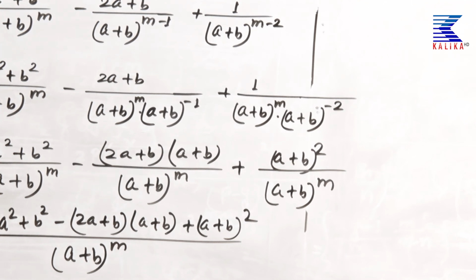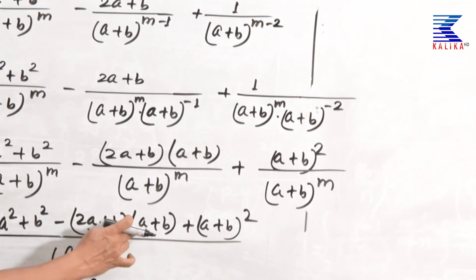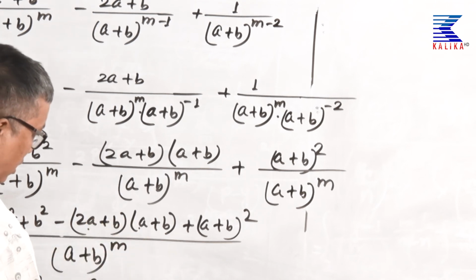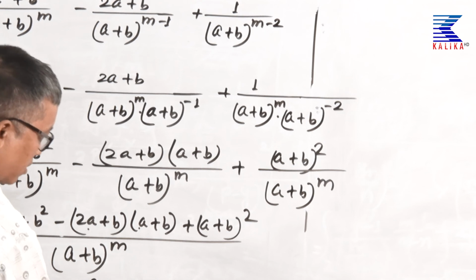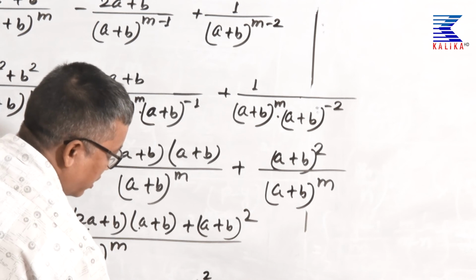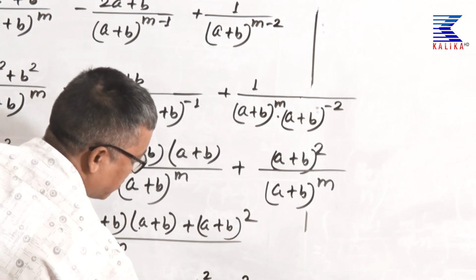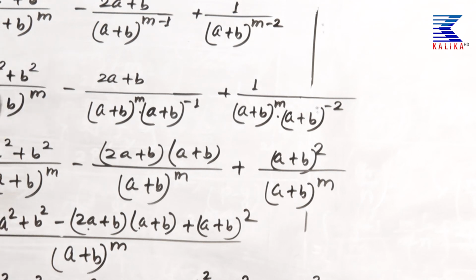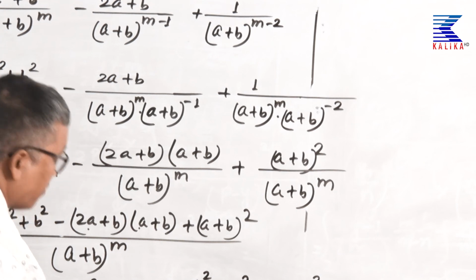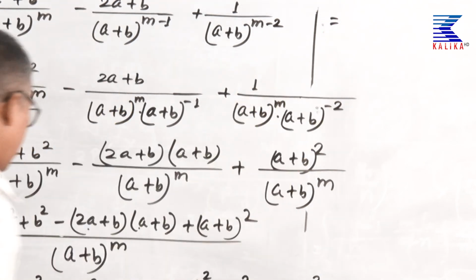Now, a square plus b square minus 2a into a, 2a square, minus 2ab, minus 2ab, plus and minus b square, plus a square plus 2ab plus b square. (a plus b) whole square, whole upon (a plus b) to the power m.